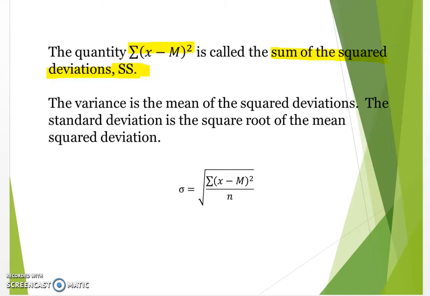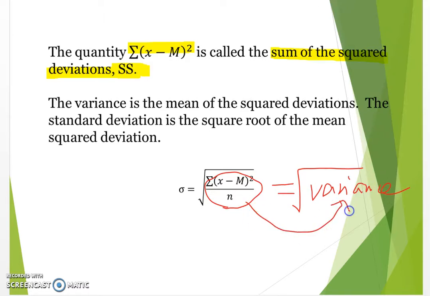I'm going to explain this over here. This part over here is the mean of the sum of squared deviations. That's called the variance. So the standard deviation is the square root of the variance. This part is variance.